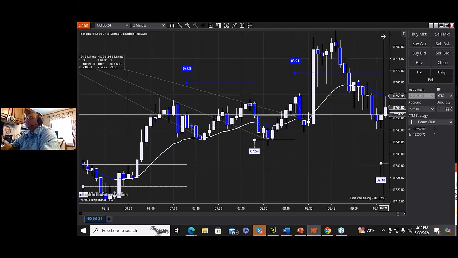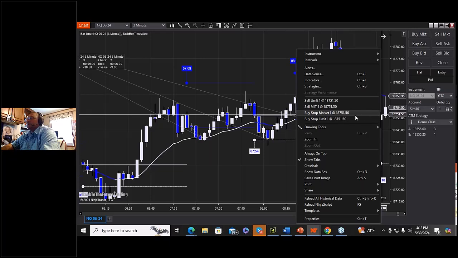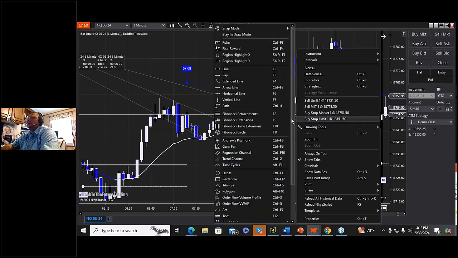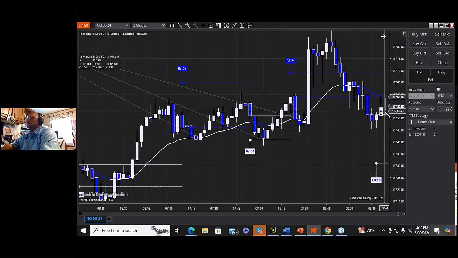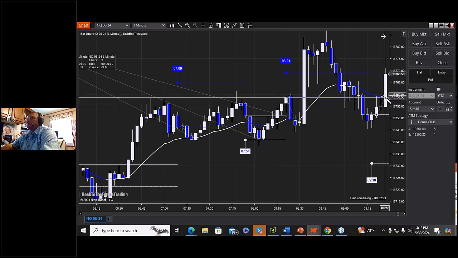As you see, she went straight up, tagged the EMA. If we would have had our fill, and there was a little dip down, so I'm going to claim that I would have been in at open price line. Once it touched the EMA, I'd be looking to lock up profit and then look for a continual breakout. We had a doji candle up, and then there we go.